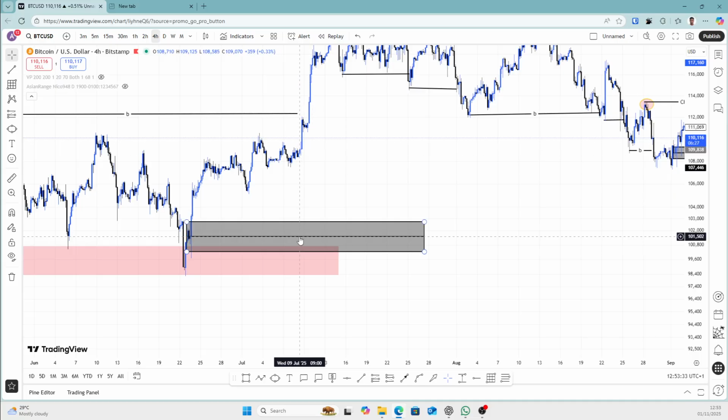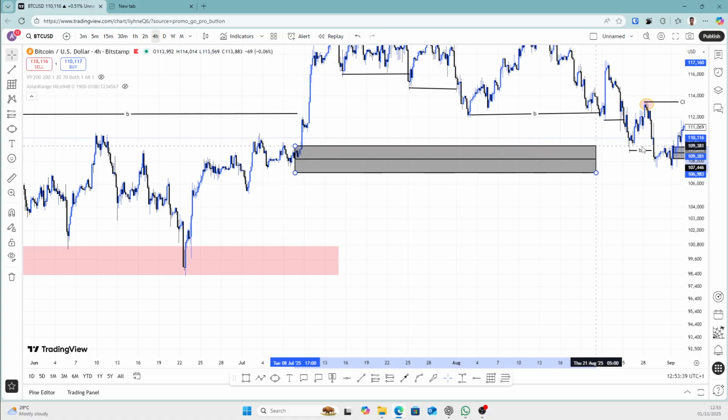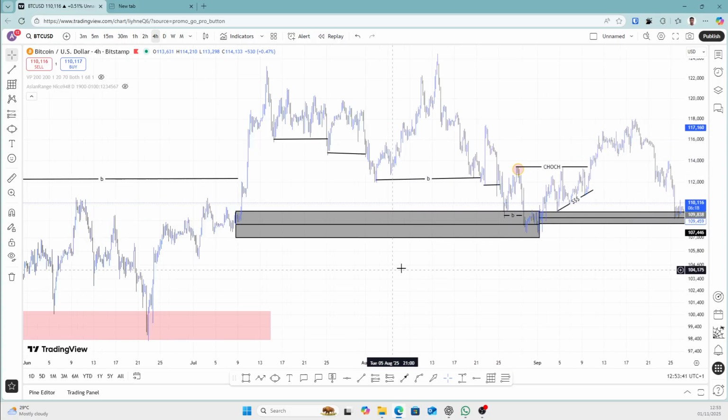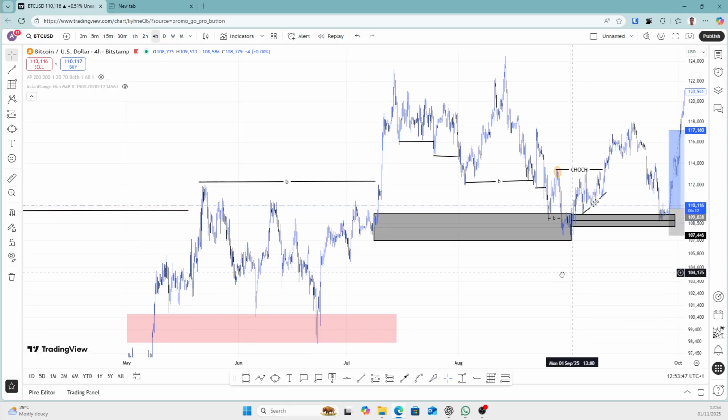But most of the time, this zone here, sometimes the market gets to it and reacts from it, and starts going up. Sometimes it gets to it, violates it, and goes to the bottom. So you never really know where it's going to react from.